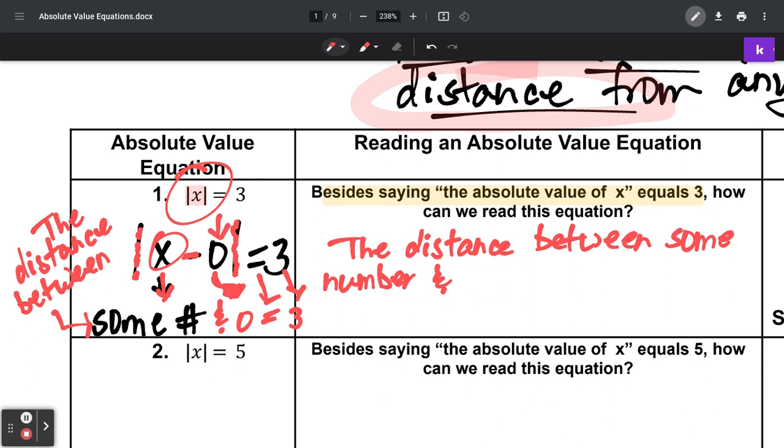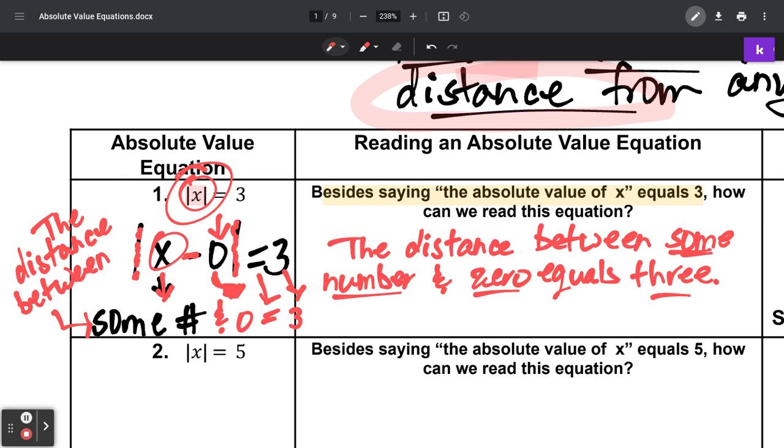Well, the other value in there is 0, although you don't see it here. The distance between some number and 0 equals, well, what is it set equal to? 3. So you're just going to think in your mind, the distance between what number and 0 is 3. Okay, I just need the distance between some number and 0 to be 3.